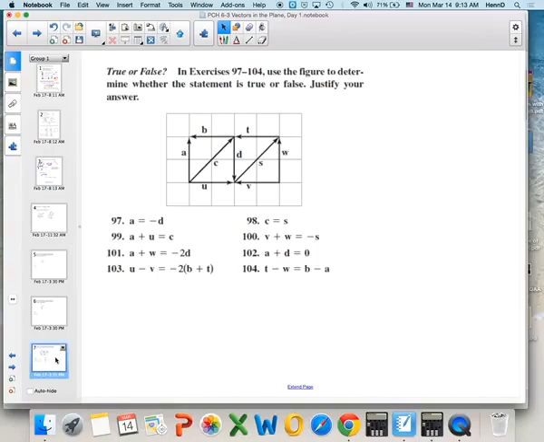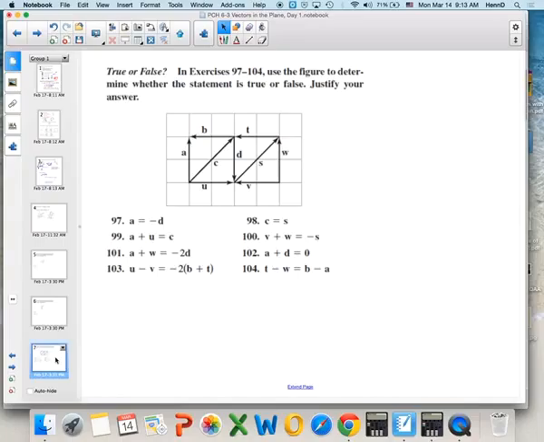And they're asking you true or false. Now notice, how are vectors equivalent? They have the same magnitude and direction, right? Do they have to be in the same location? No. Vectors are not bound to a location. So don't just say, well, A is over here and D is over here, so 97 is automatically false.